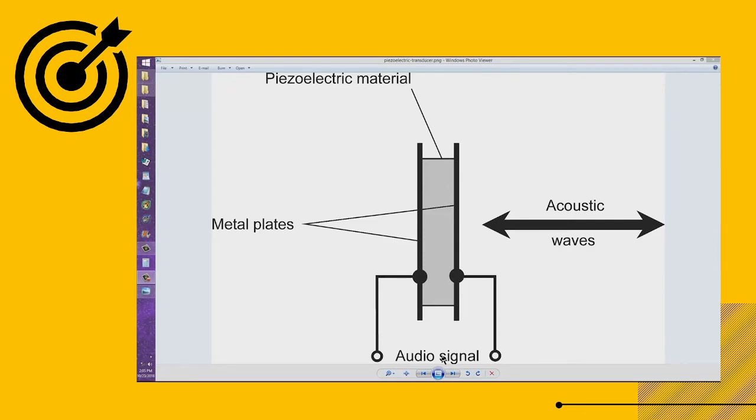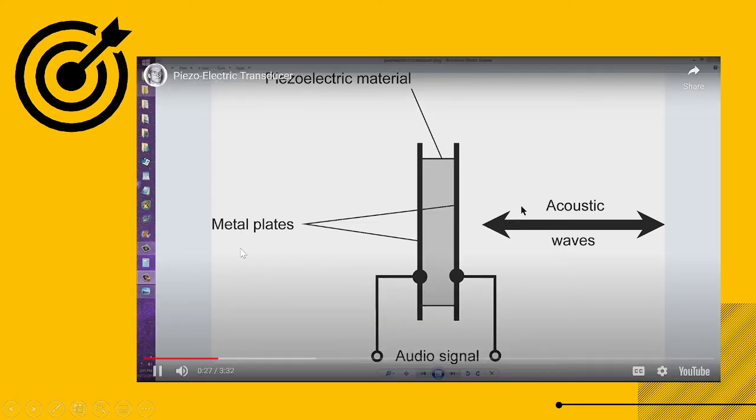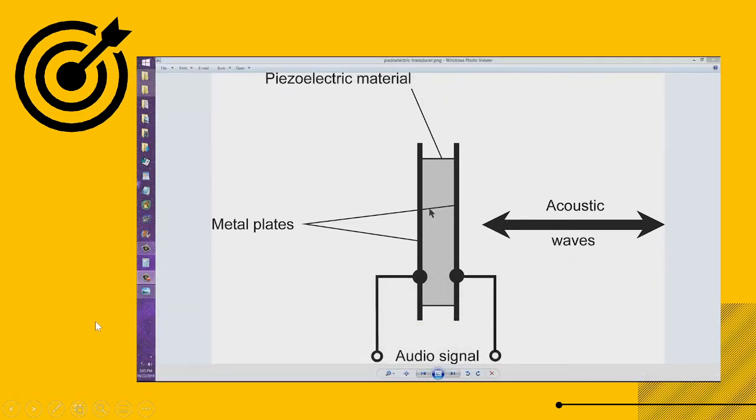In effect, it can serve as a microphone or as a loudspeaker. The way that it works is you place two metal plates, one on either side of a piezoelectric sample. Piezoelectric meaning something like quartz, as you would find in a quartz crystal.